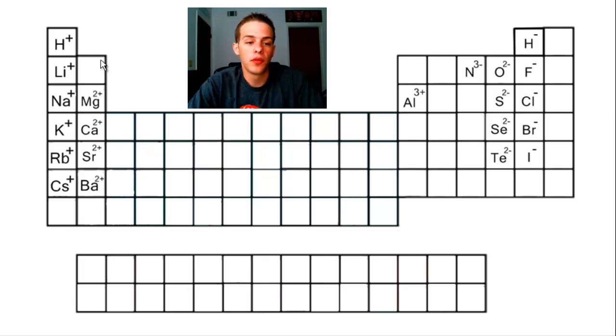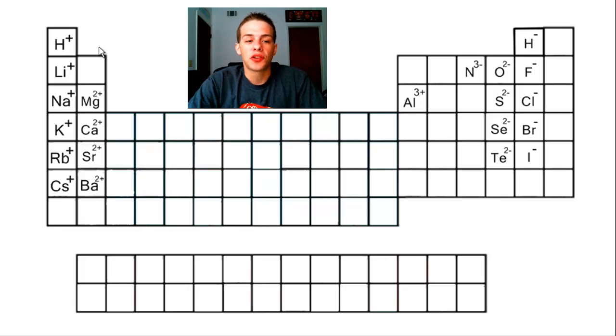The alkaline earth metals, with the exception of beryllium, lose 2 electrons and form +2 cations. Aluminum always forms a +3 cation. Nitrogen gains 3 electrons to form a -3 anion. The chalcogens gain 2 electrons to form -2 anions, and the halogens gain 1 electron to form -1 anions.